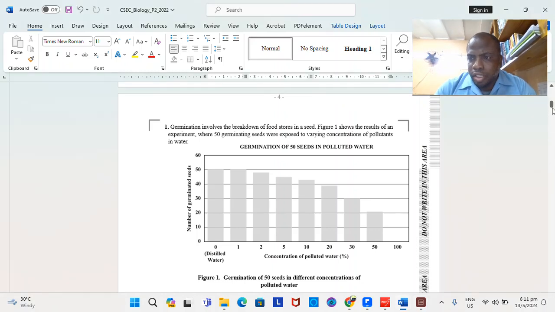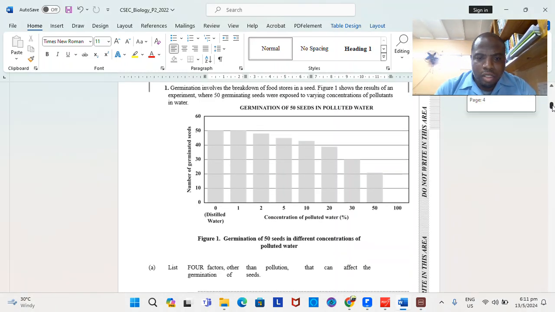So when you look at the table, you're seeing the concentration of polluted water in terms of percent. So we have 0, which is distilled water, and apparently they did not place any pollutant in that water.